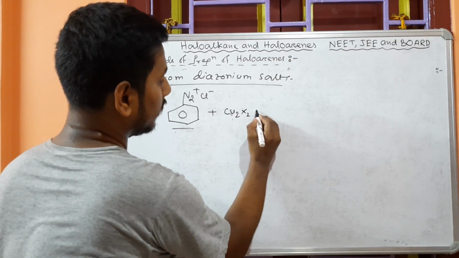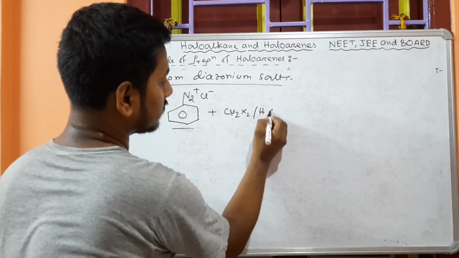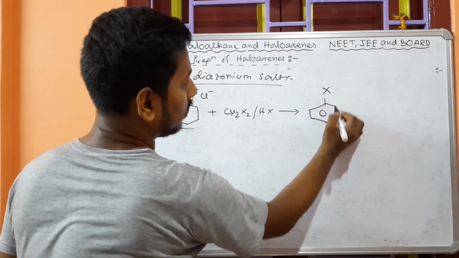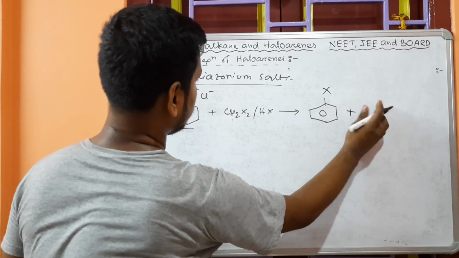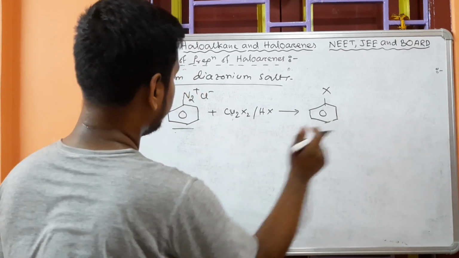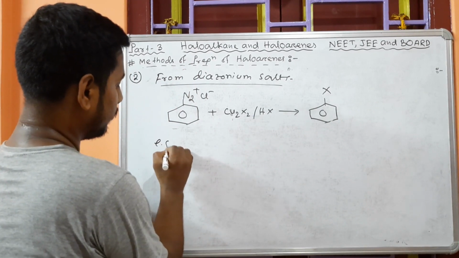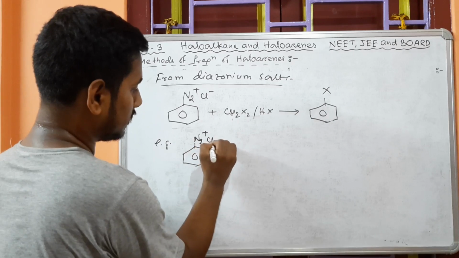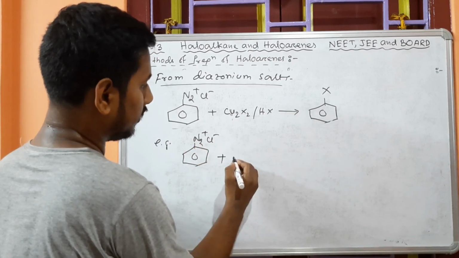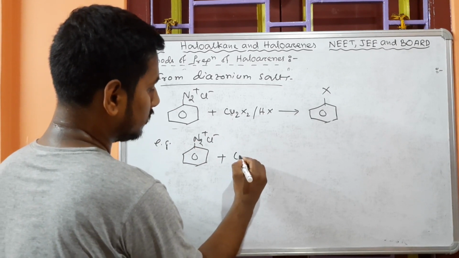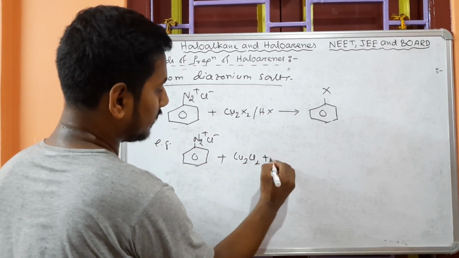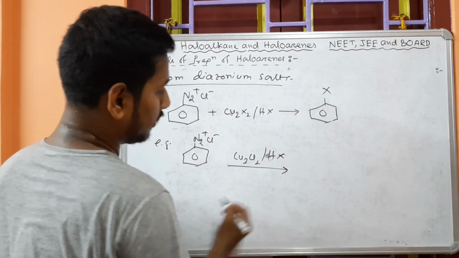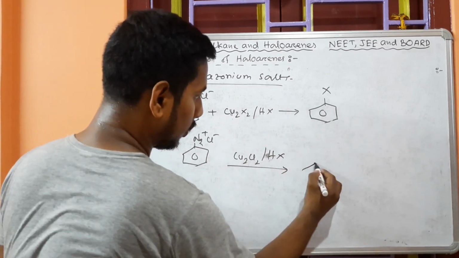And this benzene diazonium chloride, when it reacts with Cu2X2 and the corresponding HX, then you get halobenzene. Now say for example you have benzene diazonium chloride, that is N2+ Cl−, plus you give Cu2Cl2 and HX, you give these two, then you get chlorobenzene.